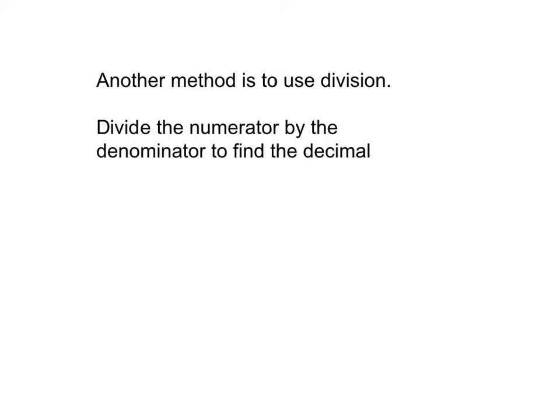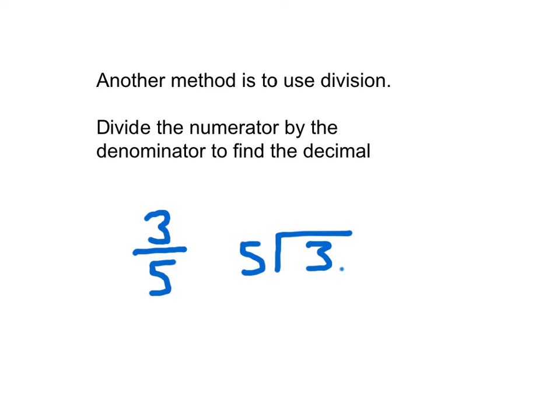Another method is to use division. We divide the numerator by the denominator to find the decimal. If we had 3/5, we would divide the 3 by the 5 to find the decimal. Remember, 3 can be rewritten as 3.0.